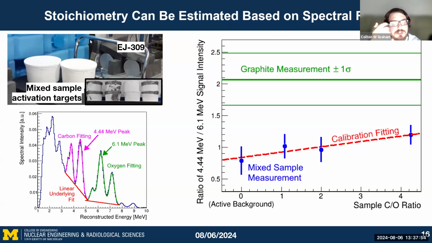And this allows us to define a calibration fitting from which the measured carbon to oxygen ratio of some unknown activation target could be used to infer the carbon to oxygen ratio of that target, allowing you to, say, discriminate cocaine from sugar. And again, there's relatively large error bars on these, but that's because we're using a single detector, and that could be resolved in a field environment in which you use a large array of organic scintillators.